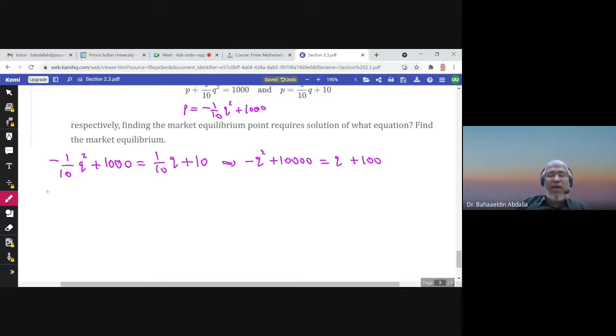And now I'll have negative q squared minus q, plus 10,000 minus 100. So 10,000 minus 100 would be 9,900. This is an equation, so I can multiply by a negative sign to make the coefficient of q squared positive.